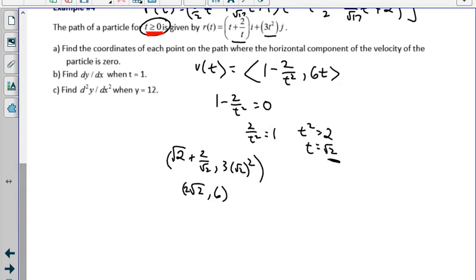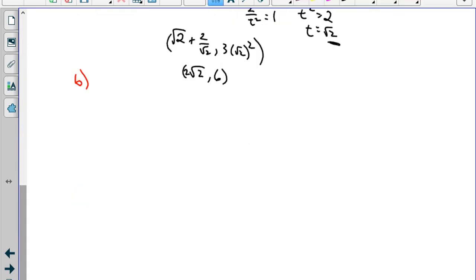Part B. We're going to find dy/dx when t equals 1. Once again, the velocity is 1 minus 2 over t squared i plus 6t j.